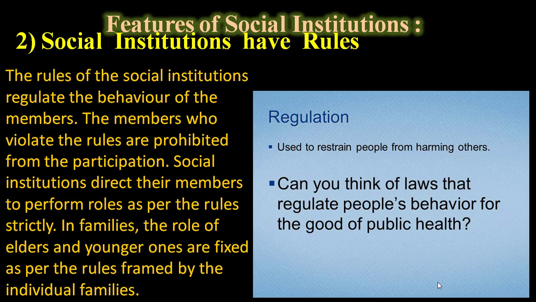For example, a school has some rules and regulations. If the school starts at 9:30, all the students including teachers will be in the school premises at exactly 9:30, and the school will wind up at 4 o'clock.